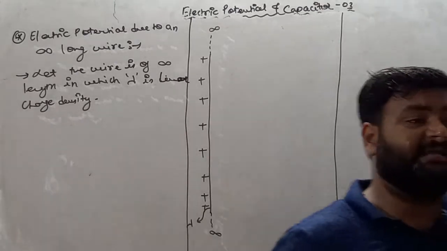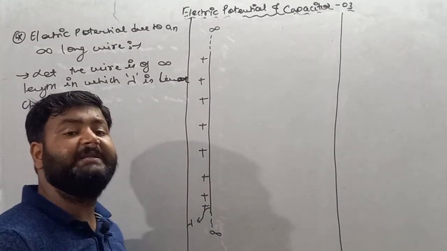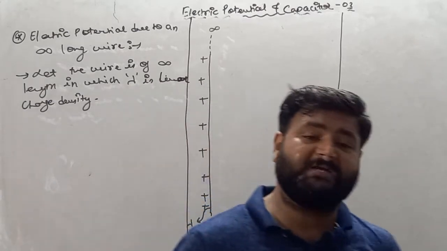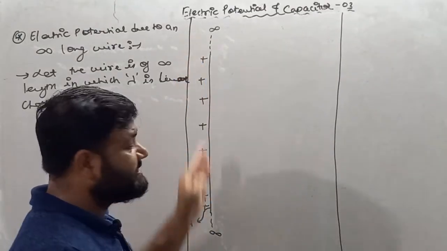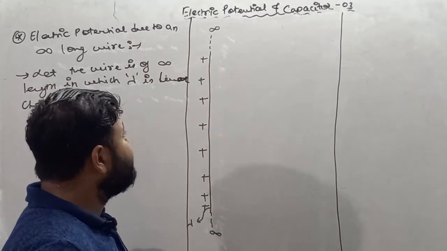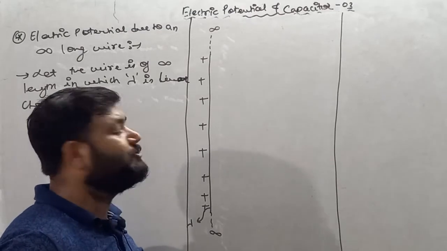So for finding electric potential due to the wire, we need to consider two different points, my dear student. Remember this thing. If we are interested to find electric potential due to the wire, then we have to consider two different points.